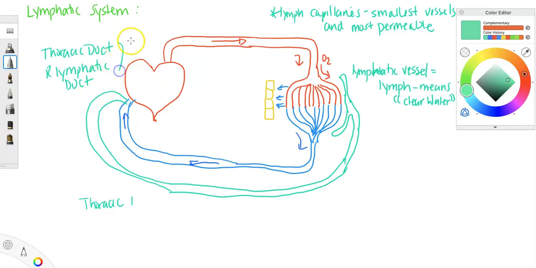So these empty into the left and right subclavian vein. And then, of course, that blood then goes back into the heart. Okay, so let me erase this.